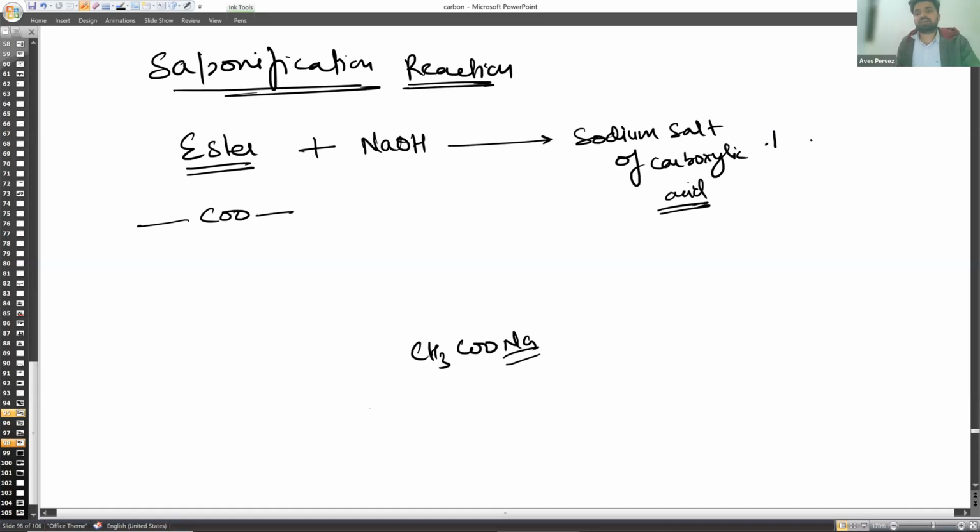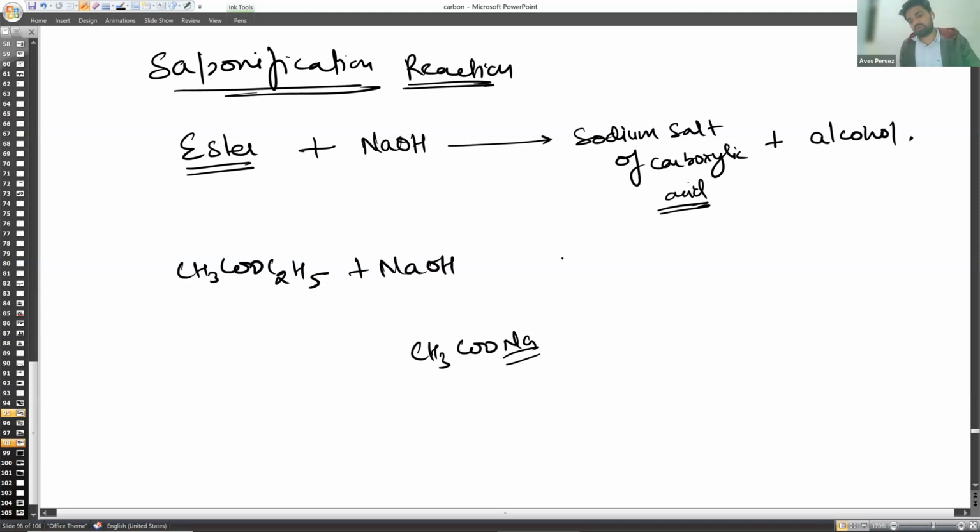And plus the respective alcohol. You will get the respective alcohol. For example, if you have CH3COOC2H5 plus NaOH, what will it give you?